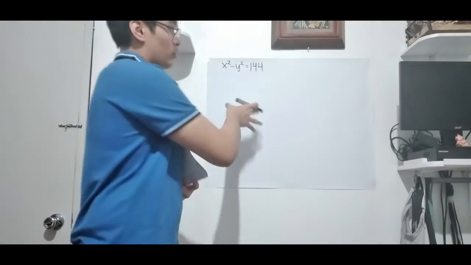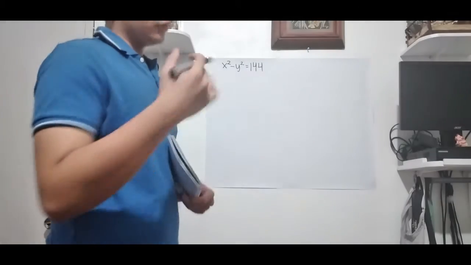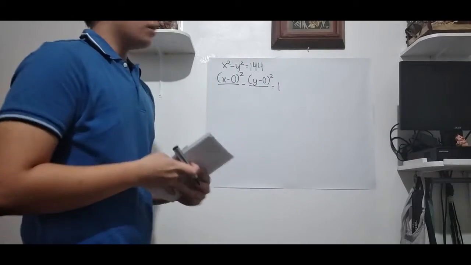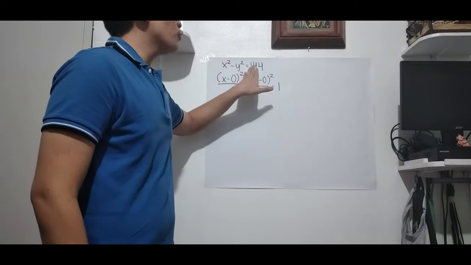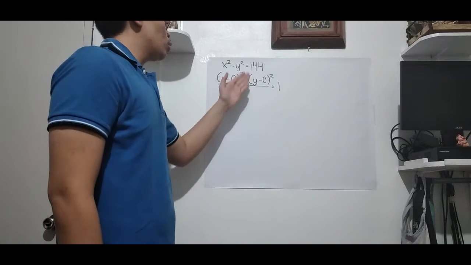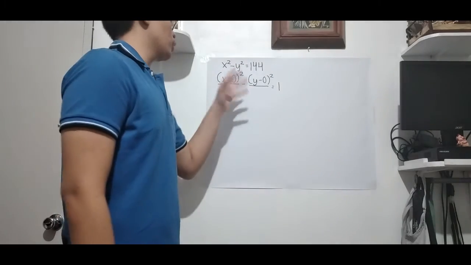I'm not going to write it again because I only have a little space. This is the part where we need this 144 to be equal to 1.